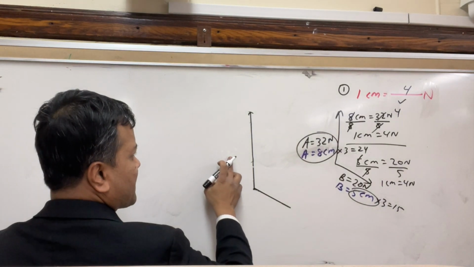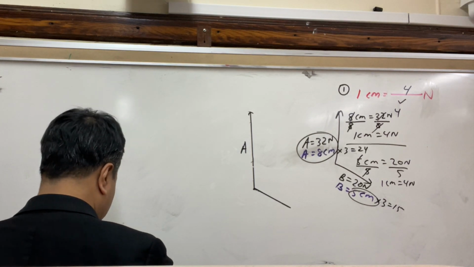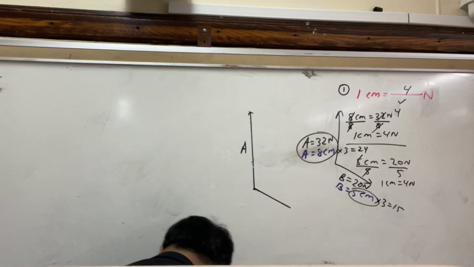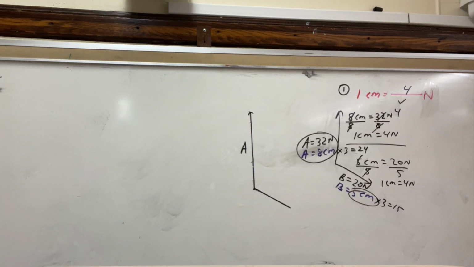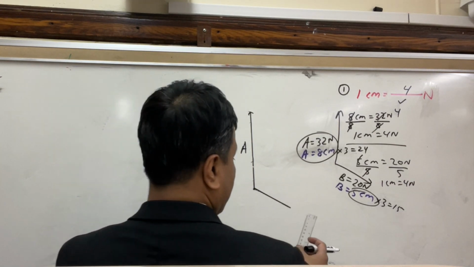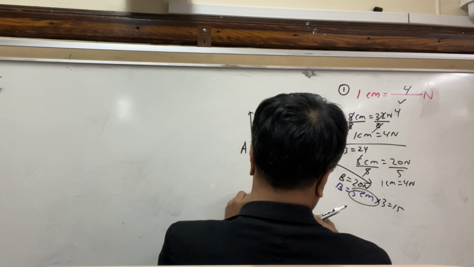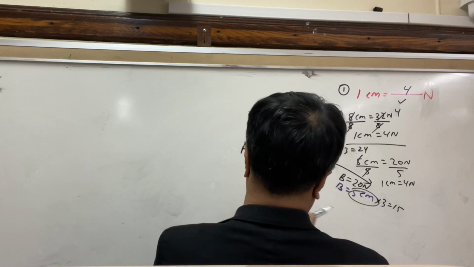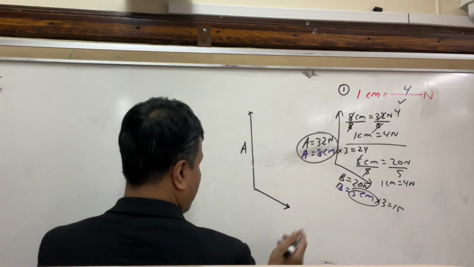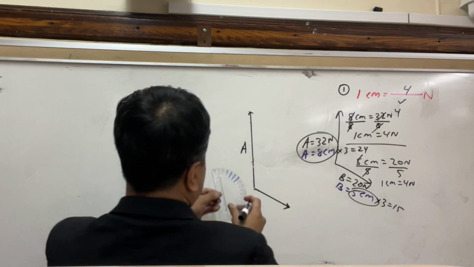This 24 centimeter I'm going to call 32 Newton A. This 15 centimeter, I don't even know whether this is 15 centimeter, so I have to verify it. So I have to verify whether this is actually 24 centimeter, 15 centimeters. This is 15 centimeter right here. Okay, now I have to make sure that this angle is of course 60 degree.